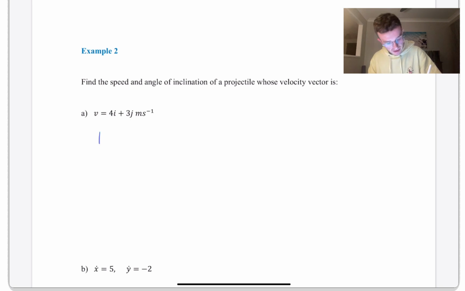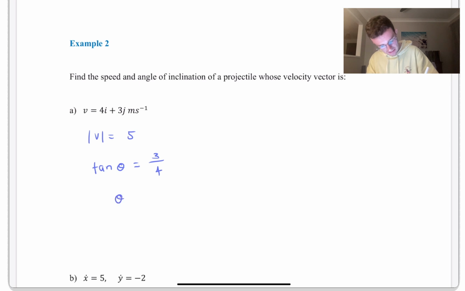So we just need to find the magnitude of this vector, so that's going to be 5, and then tan of theta is always, I'm pretty sure, y on x, so 3 over 4. So theta is tan inverse of 3 on 4, make sure you're in degrees, which is approximately 36 degrees, 52 minutes.